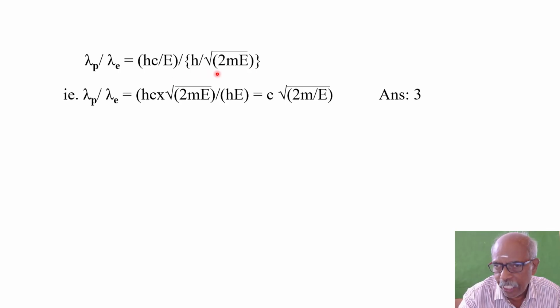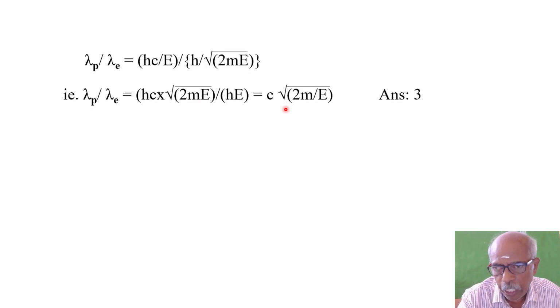So instead of dividing this, you can invert the denominator and multiply. That is a mathematical rule. So lambda p by lambda e is equal to hc into square root of 2mE divided by h E. You have h in the numerator and h in the denominator, that will cancel.